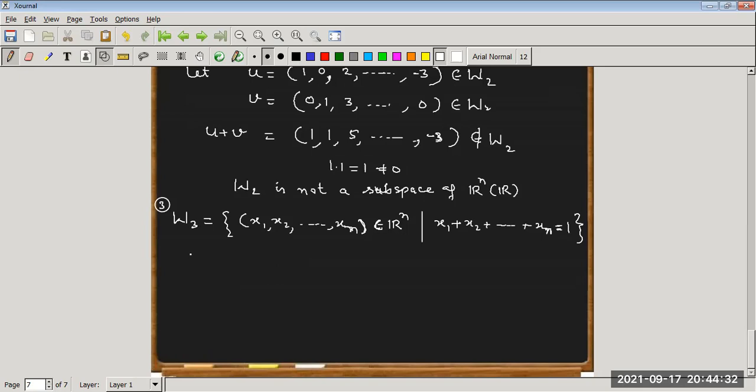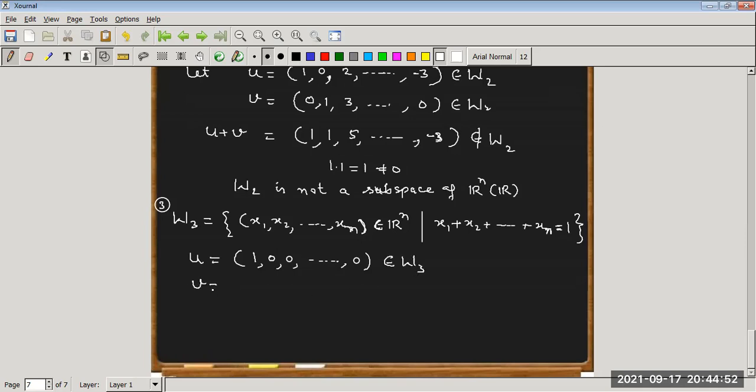So if we take U equal to, let it be, (1, 0, 0, 0), and we add all the entries, then the sum is 1, so this belongs to W3.